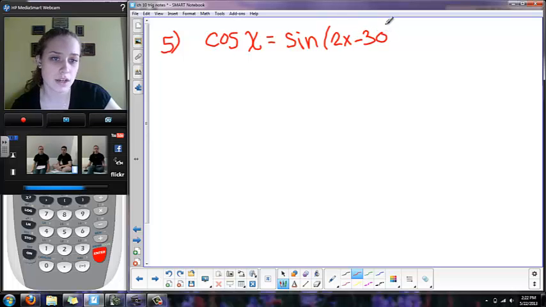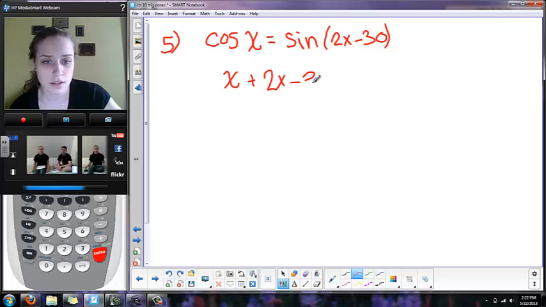So because sine and cosine are cofunctions, I'm going to say x plus 2x minus 30 is equal to 90. So that's the same as saying 3x is equal to, I'm going to add that 30 over to the other side, so 3x is equal to 120.